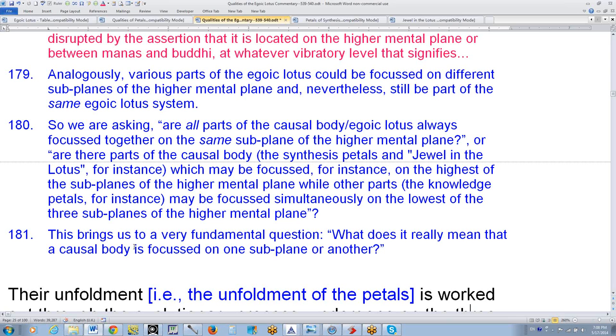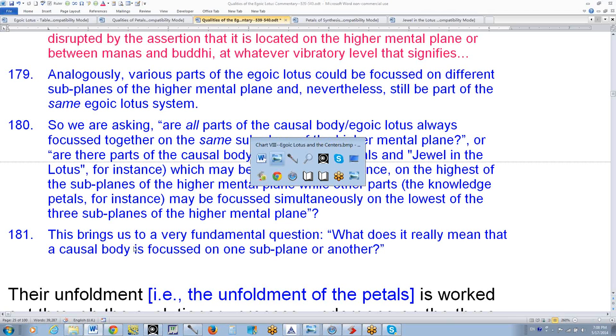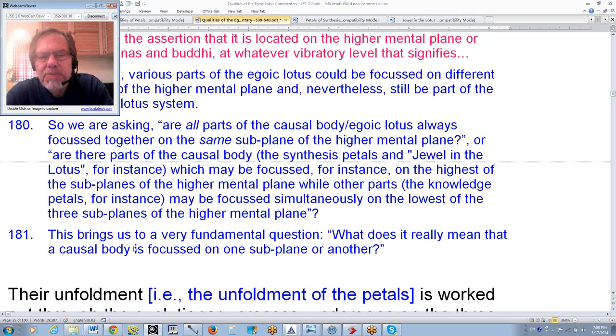So far, we've had the idea of a pretty coherent, non-divisible lotus, but the focus of the inner being moves up a plane. And so does that mean that the petals of knowledge also move up a plane?